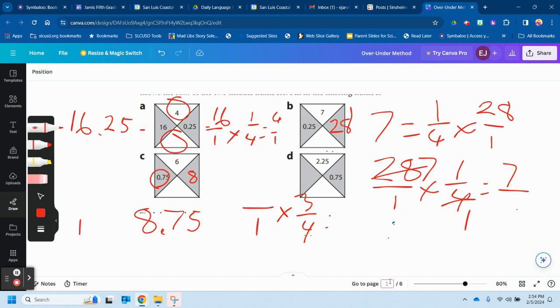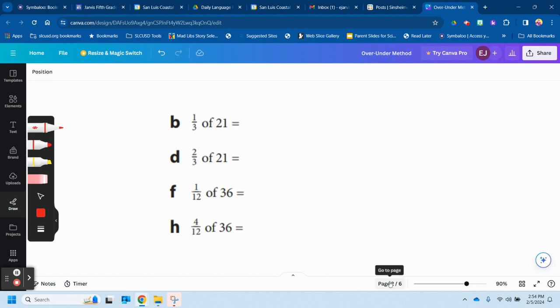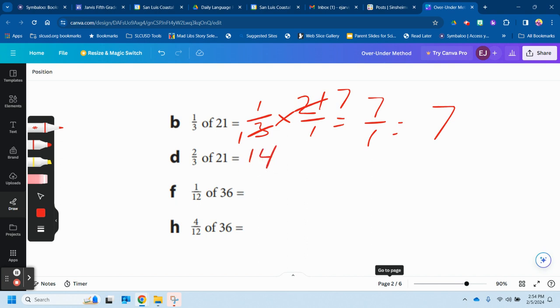Let's take a look at the next page here. So 1/3, and we've been doing these quite a bit, of 21. I like to think times 21 ones. I'm writing that, and I can cross cancel. 3 divided by 3 is 1. 21 divided by 3 is 7, and that's 7 ones, or 7. So 1/3 of 21 is 7. 2/3 of 21 would be 14, right?